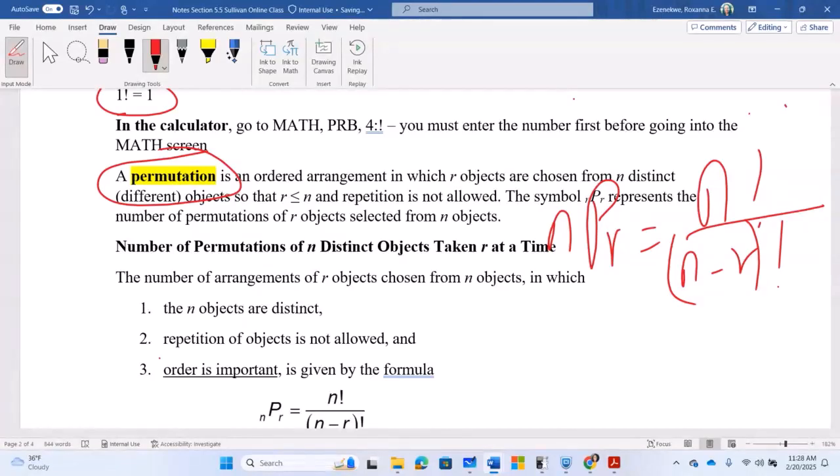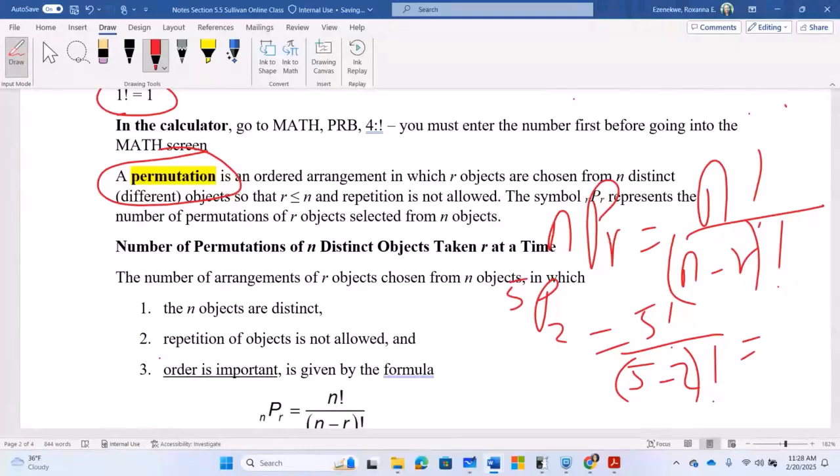Okay, n factorial over n minus r factorial. All right, so suppose I have 5 permutation 2. It is 5 factorial all over 5 minus 2 factorial.